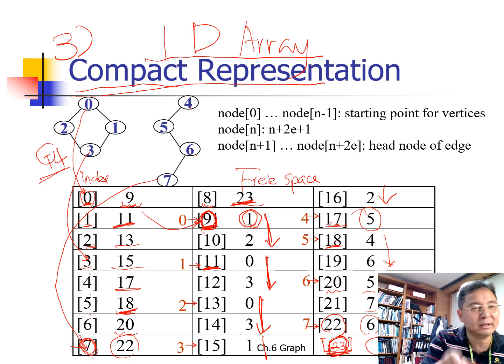Compared with the adjacency matrix, it was very easy to calculate the degree. But if you use compact representation, it is not easy to calculate the degree of each vertex. So this is the compact representation method.